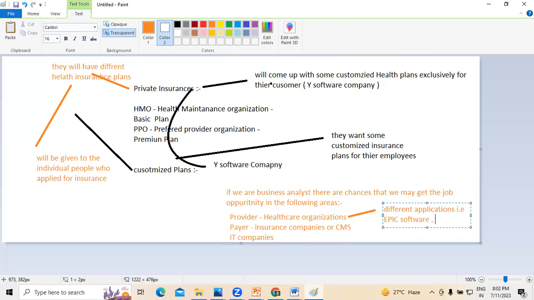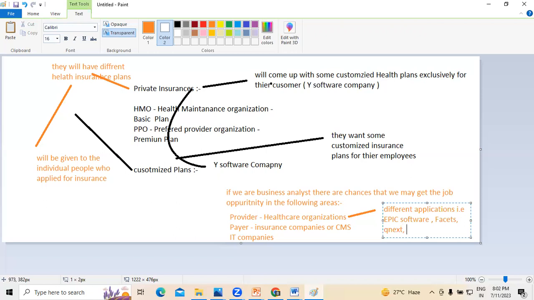Epic software will be for taking patients and all that. So they may be using the Facets application. Facets will be for managing the core administration of healthcare. Or they may be using some QNext, right? Multiple, I'm saying.